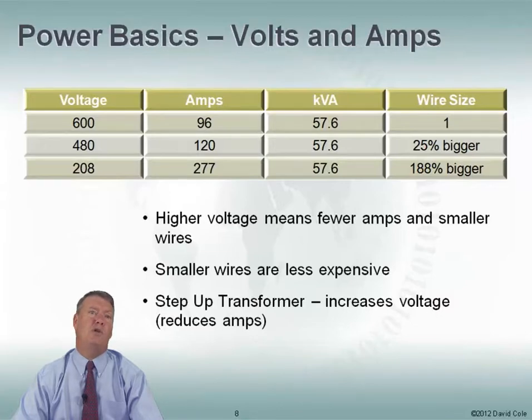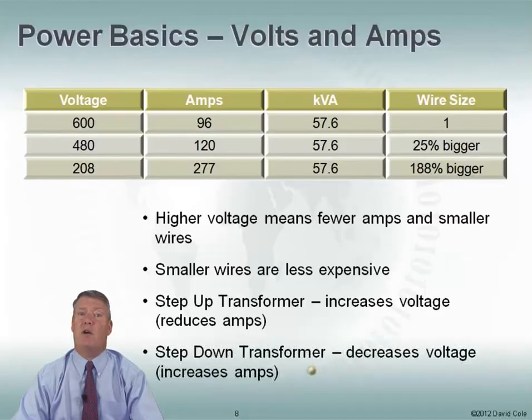So if I want to go from 208 volts to 480 to 600, I would use a step-up transformer. And notice when I increase the voltage, I'm lowering the number of amps, right? So I can go with a smaller wire size. I can also have something called a step-down transformer. It decreases my voltage, but to carry the same amount of power, I have to increase my number of amps, okay?